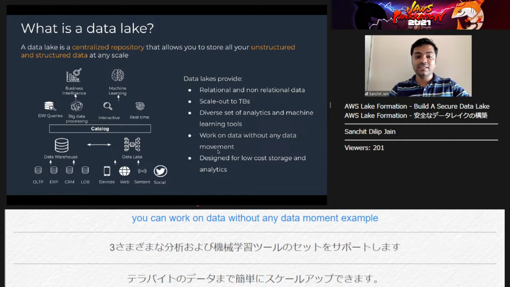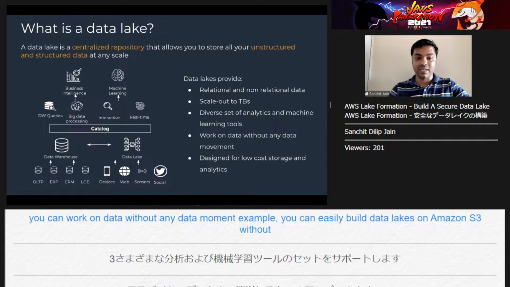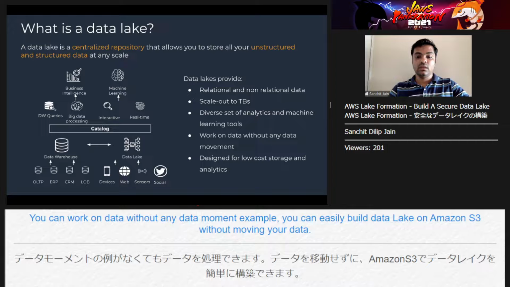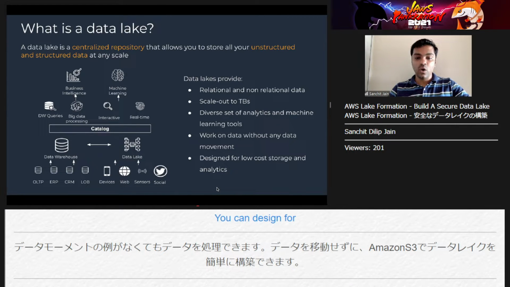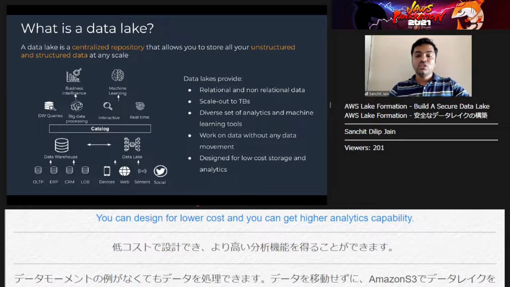Example, you can easily build a data lake on Amazon S3 without moving your data. And at the last, you can design for lower cost and you can get higher analytics capability. So these are the reasons why you need a data lake.